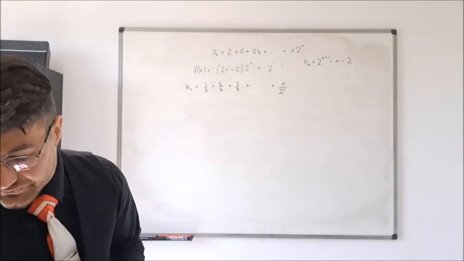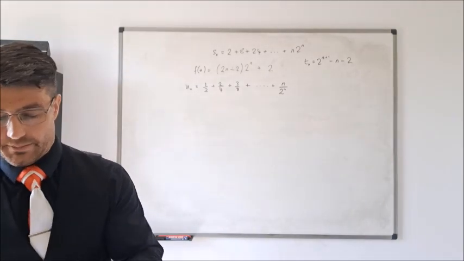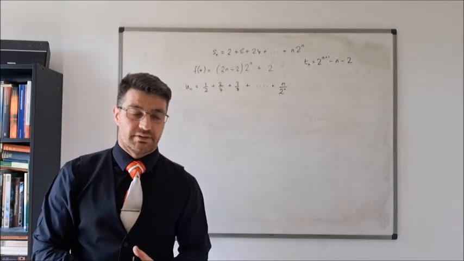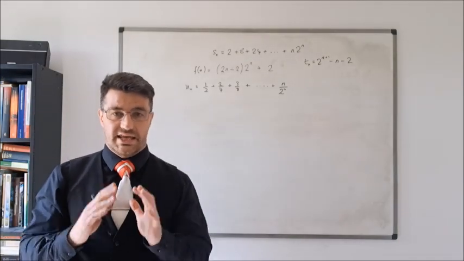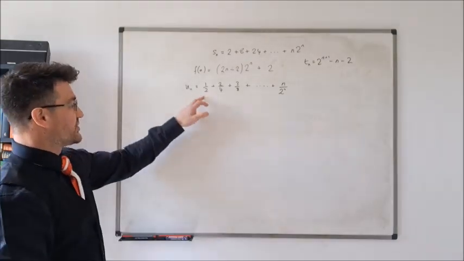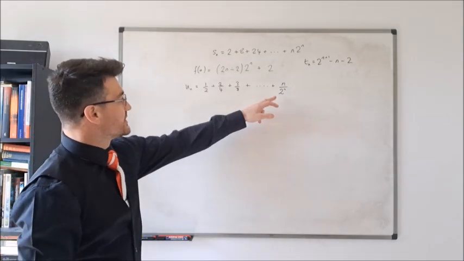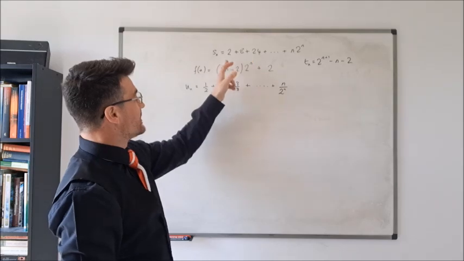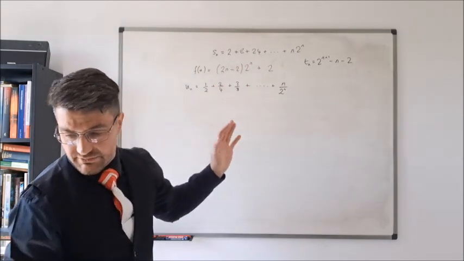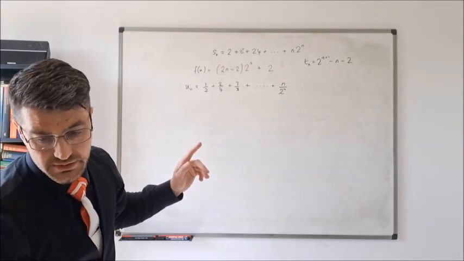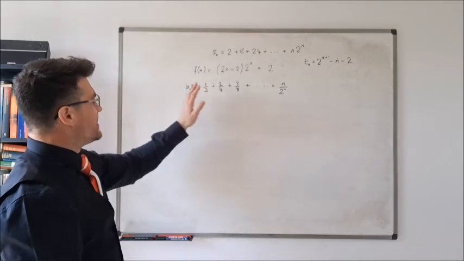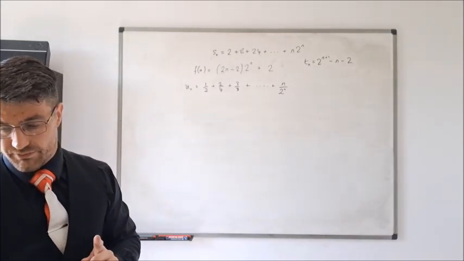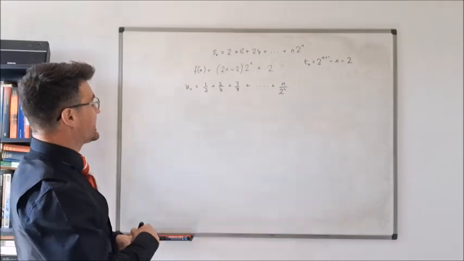Okay, so now I think the tendency here is to see the 2, 4, 8 up to 2 to the power of n here and kind of compare with, is that right? Sorry, no, I'm getting a little bit ahead of myself. No, forget that.